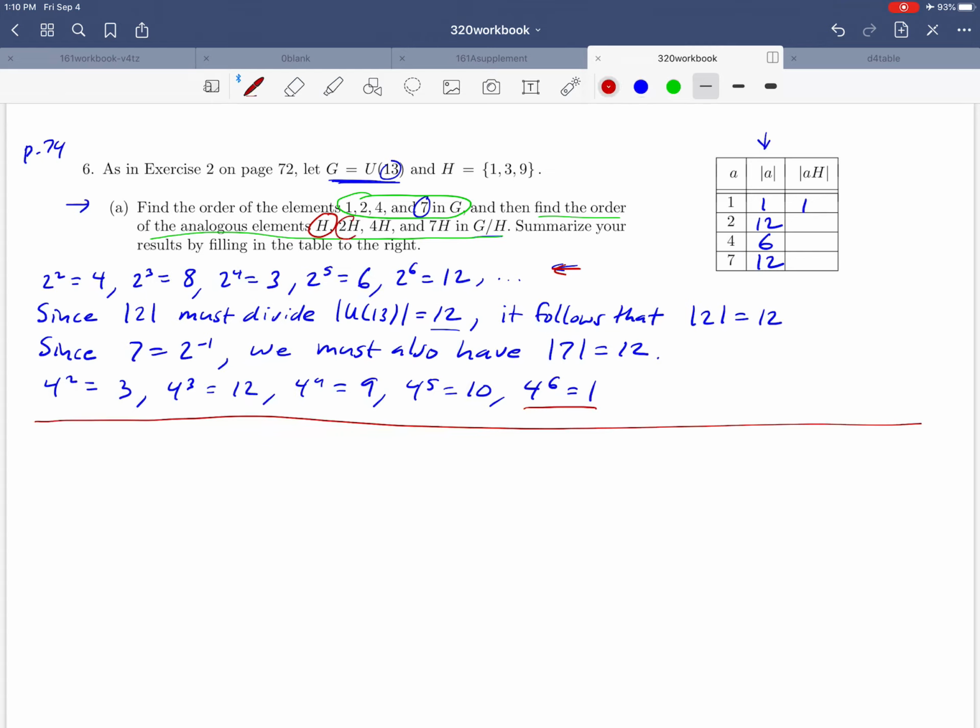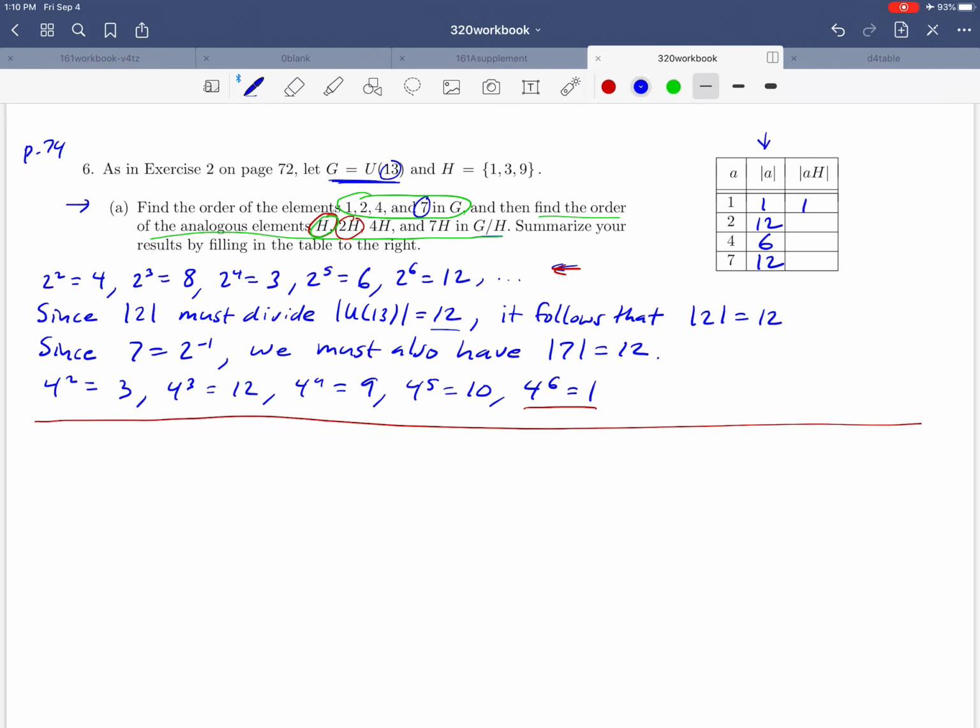And then move on to 2 and see if we can figure out what the order of that is. Okay, now don't let the fact that these are cosets intimidate you. It's the same idea. We need to take the coset, 2H, and just ask ourselves, what's the smallest power that we could raise it to that would get us back to the identity element, which is H?